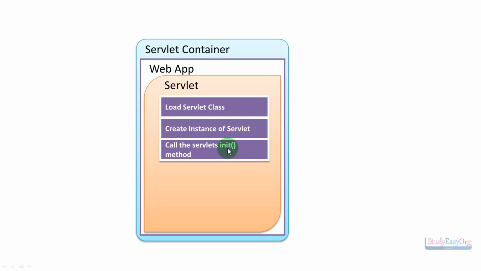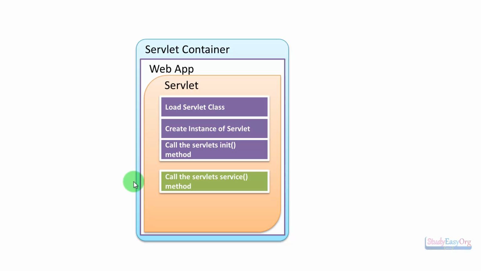Now once we make an HTTP request, a method by the name of service gets called by the web server. So whenever an HTTP request is made to the web server, this service method is called, and it is called every time a request is made.